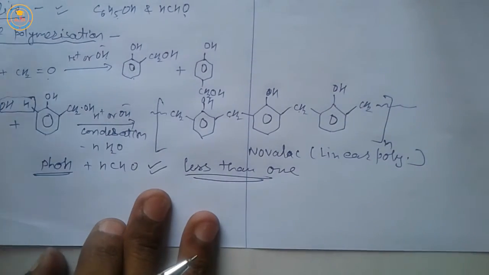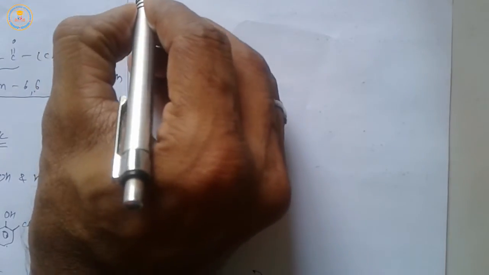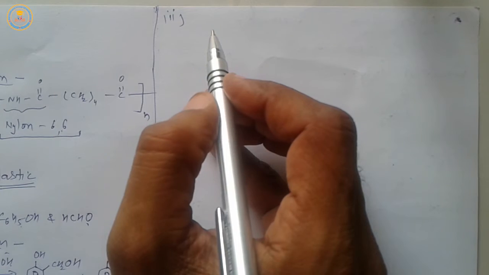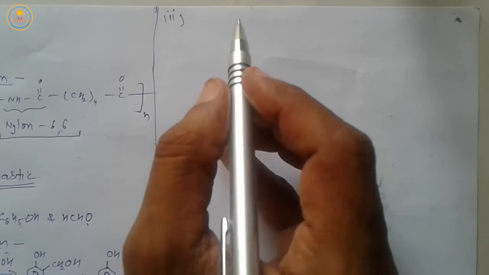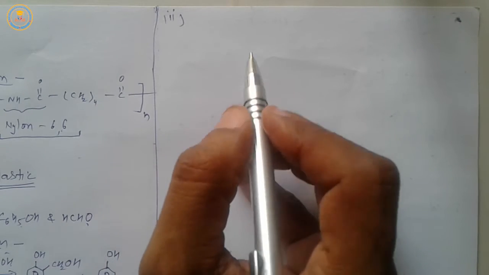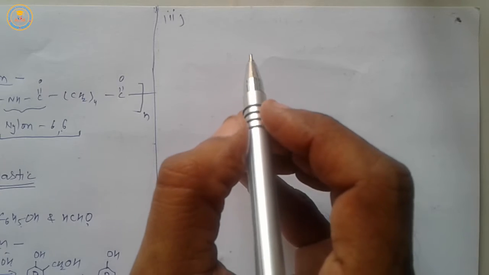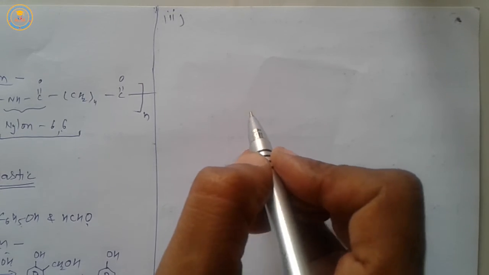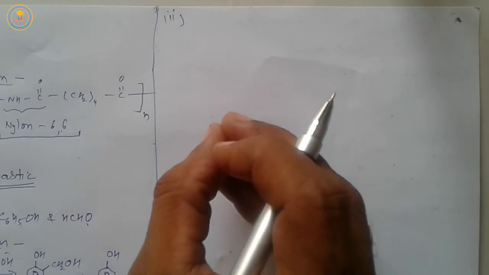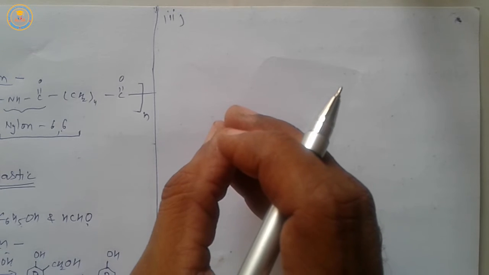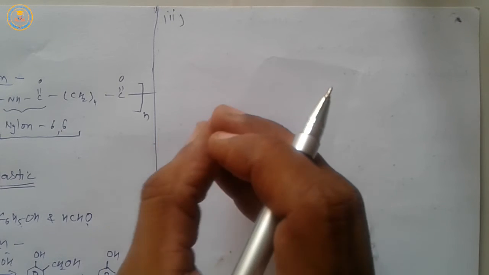In the second phase, ortho hydroxybenzyl alcohol and para hydroxybenzyl alcohol get condensed by cross-linking to form an infusible solid mass called bakelite, which is a thermosetting resin.